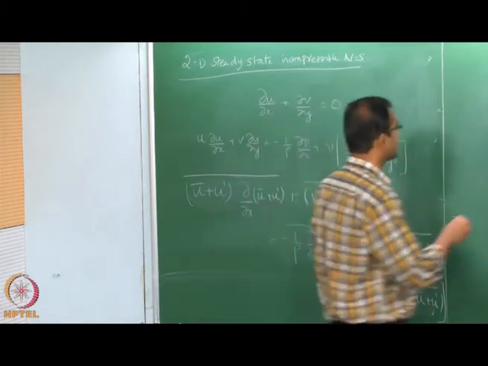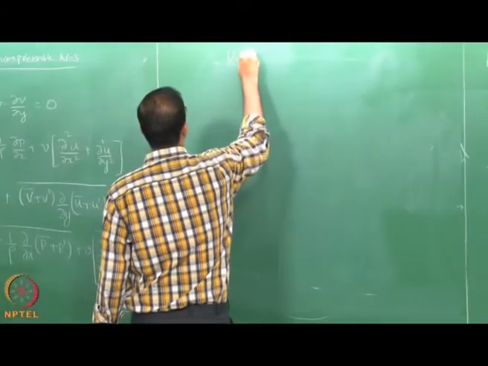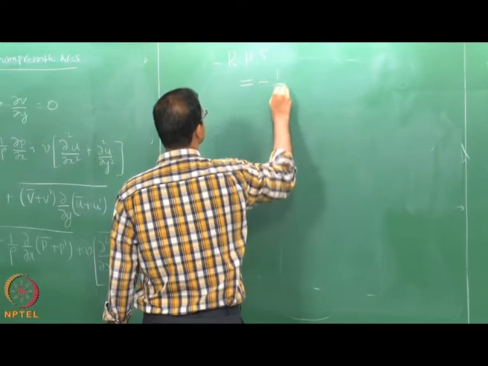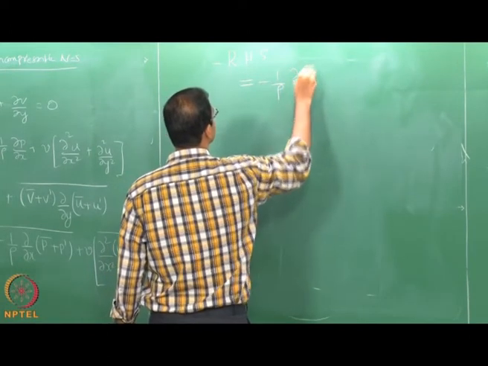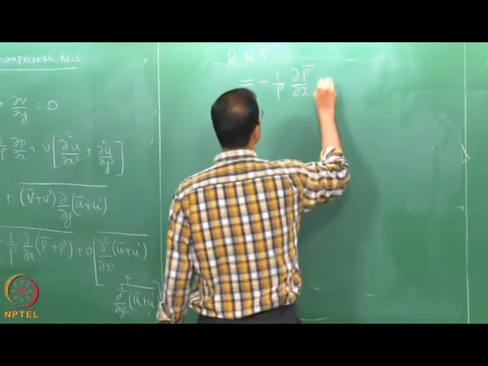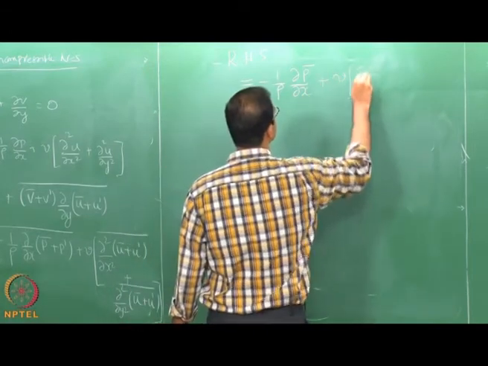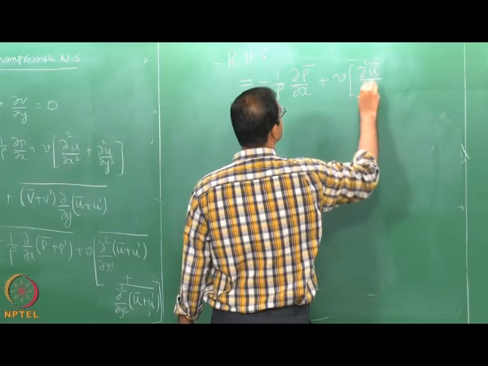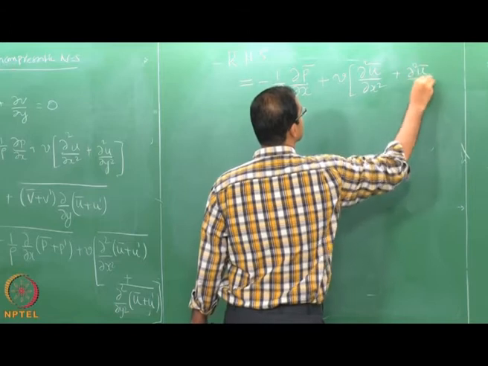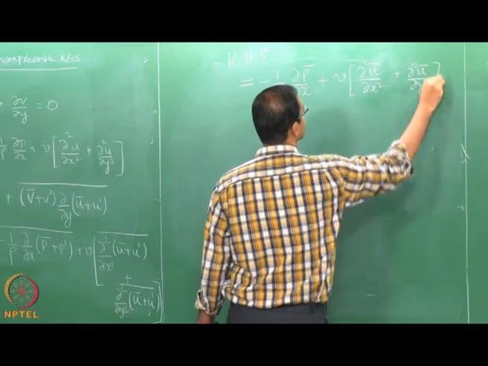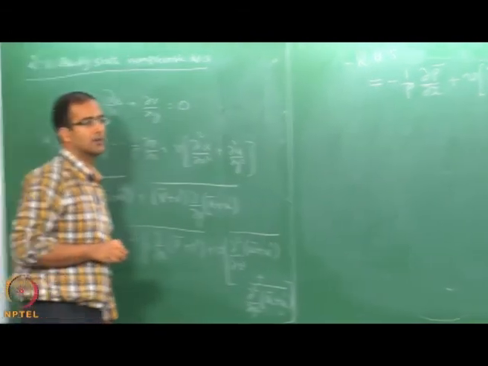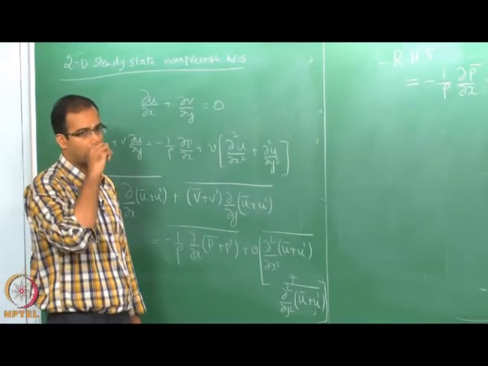So, on the right hand side it is straightforward. After averaging the equation, you have dp bar by dx plus d square u bar by dx square plus d square u bar by dy square. So, the instantaneous quantities are now replaced only by the mean quantities.